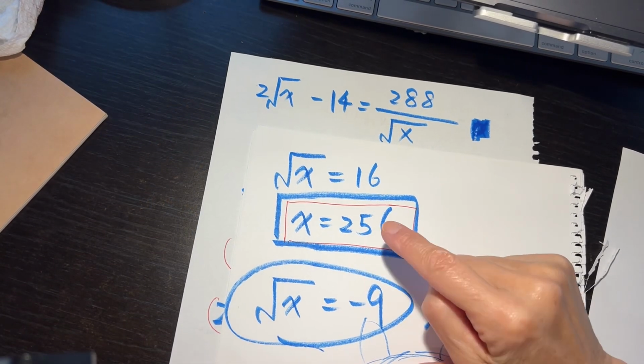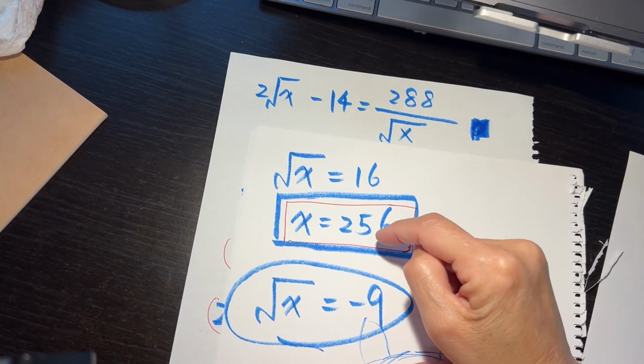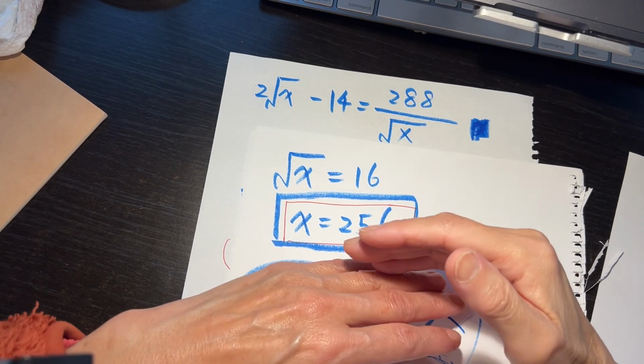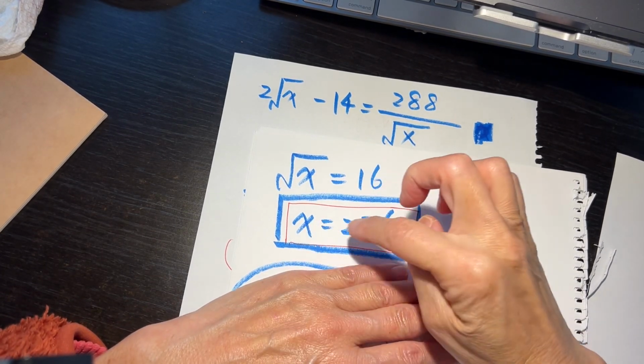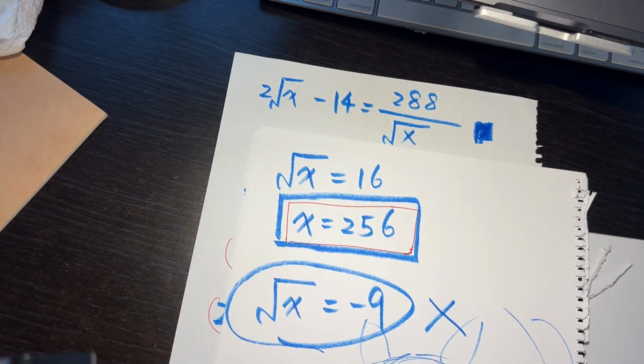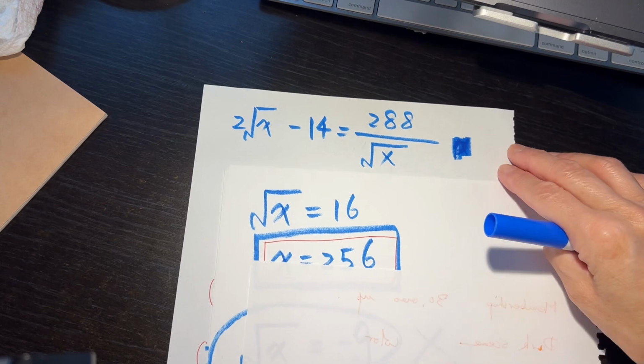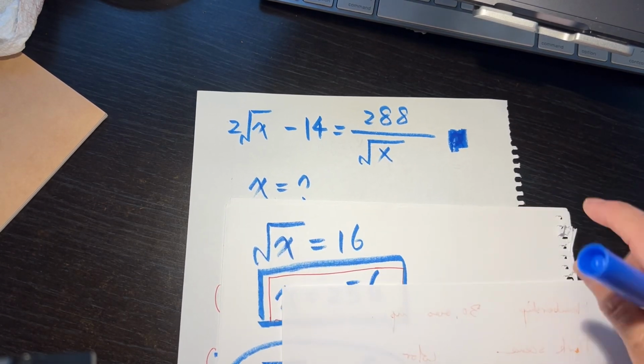So we have figured out x equal to 256, and this does not exist. We will not consider it, but we need to prove this is right. So we will bring this number back into our original equation.